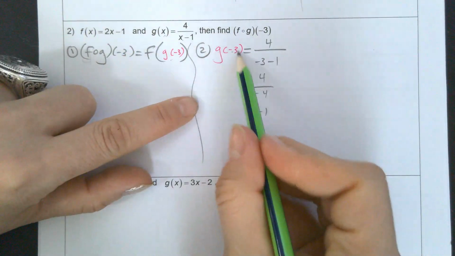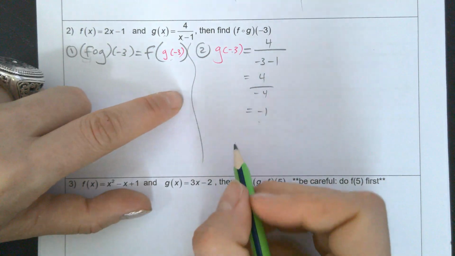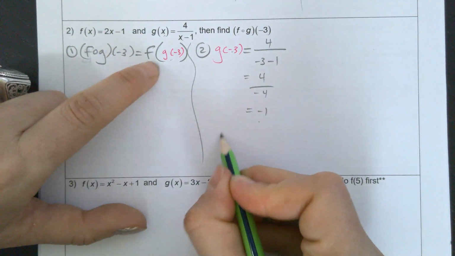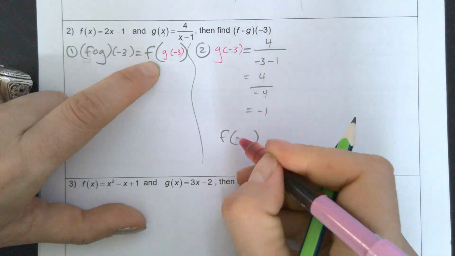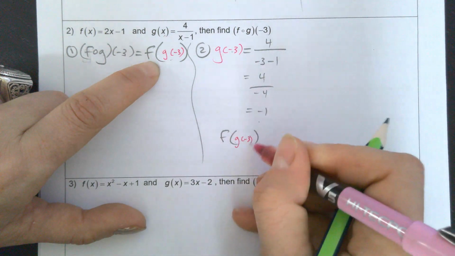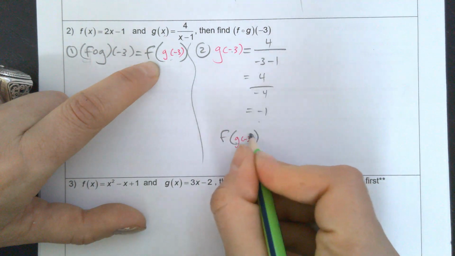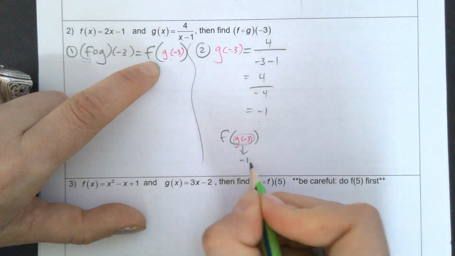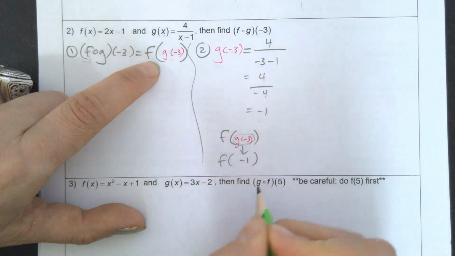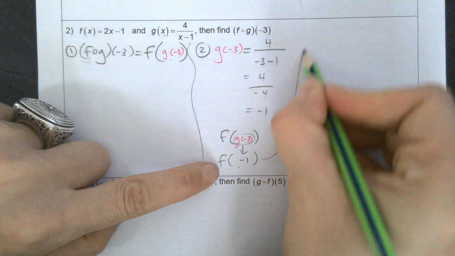Okay, so g of negative 3 is negative 1. So now I know g of negative 3 is equal to negative 1. So now I have to find f of negative 1.